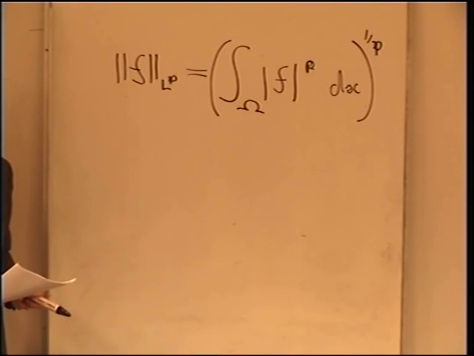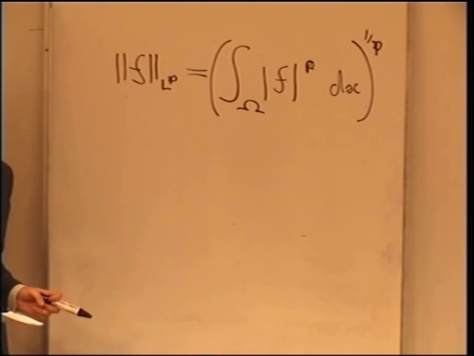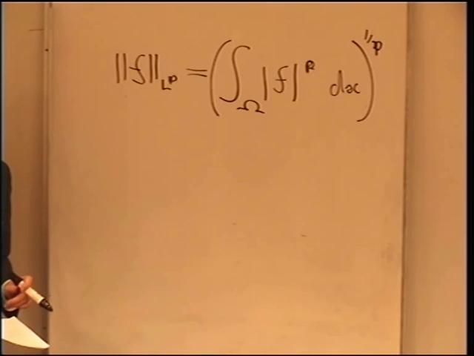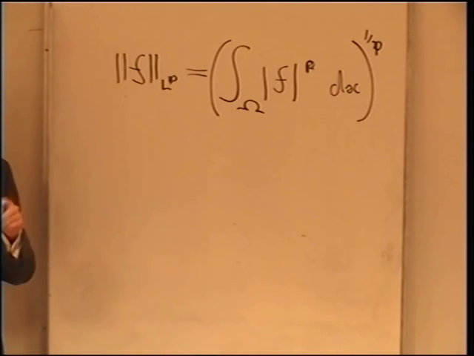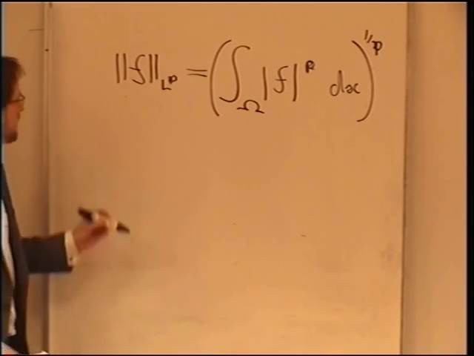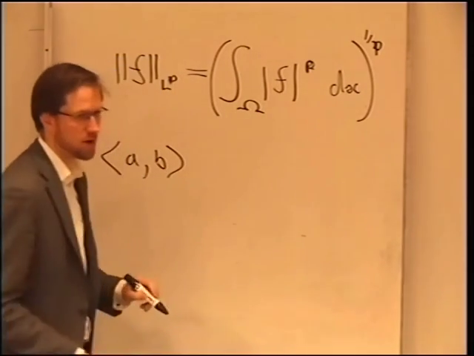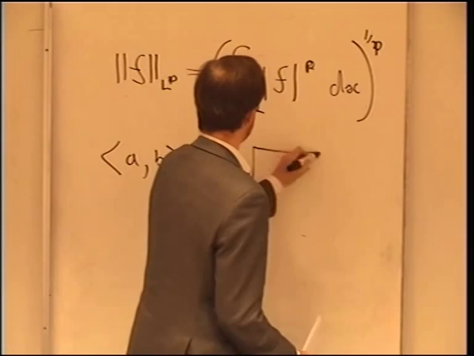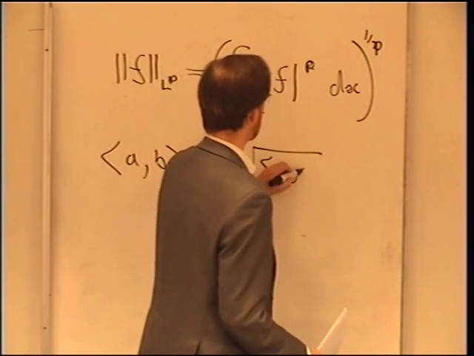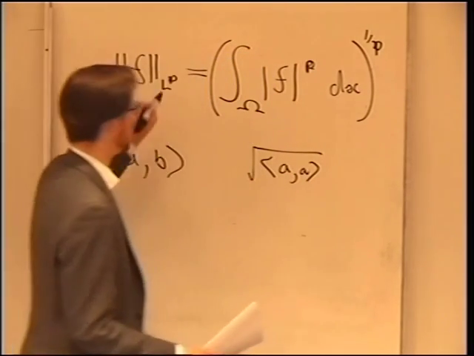But an interesting thing to notice about it is when we introduced norms, we first introduced inner products. And then we said, okay, if I have an inner product, I can make a norm out of it. So if I have some sort of inner product of A and B, then I can always make a norm by taking the square root of the inner product of A and A. And that's how we got L2.